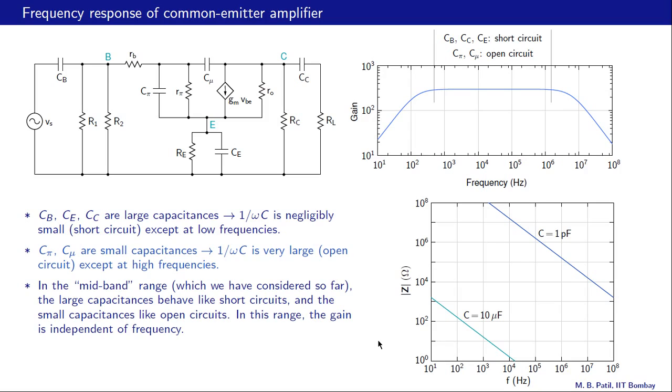So this is a typical frequency response of an amplifier, and depending on what our signal is, we need to make sure that we are operating in the mid-band region where we expect the gain that the amplifier is designed for.